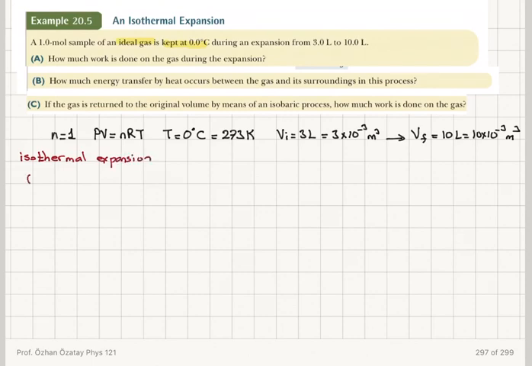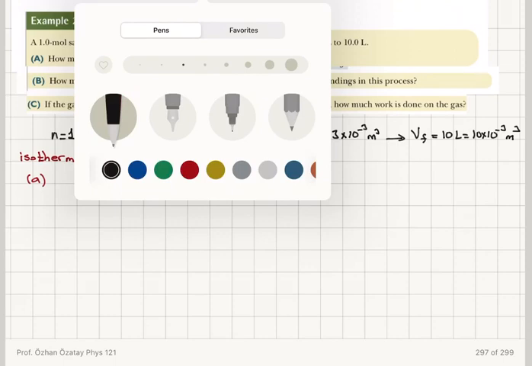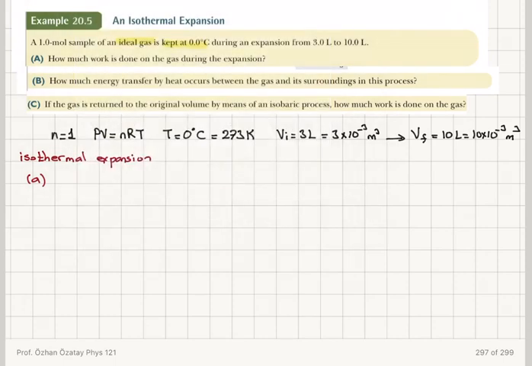So let's look at part A of the problem. How much work is done on the gas during the expansion? Since I have PV is equal to nRT, pressure times volume is a constant, it's 1 mole. The universal gas constant is 8.312 joules per mole Kelvin, and the temperature is 273 Kelvin.